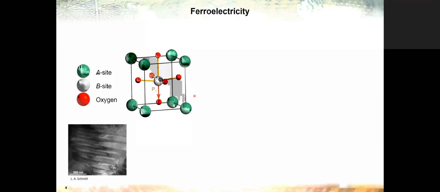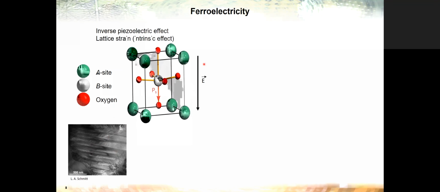Above the Curie temperature, we have a cubic structure outlined like this. When you cool down below the Curie temperature, you have a polarization. In this case, it's a tetragonal polarization along the 001 axis. This is accompanied by a deformation of the unit cell and the formation of domains in order to compensate for the polarization and stresses in the grains.